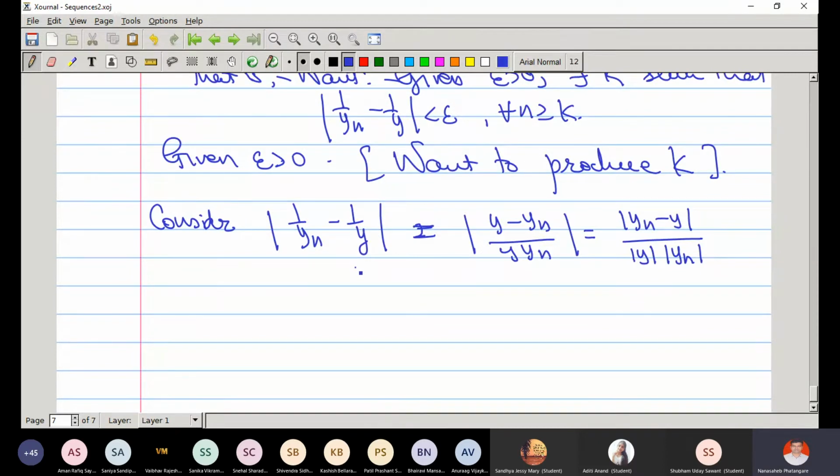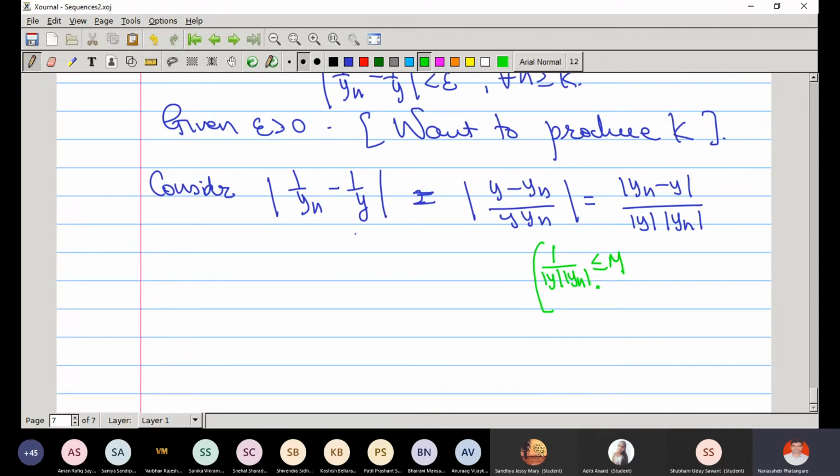Okay, now from this final expression, what do we think, what is in our mind, how to proceed, what should be the strategy? In this green color I am writing this. If somehow I am able to make this thing less than some quantity m, then what will happen?